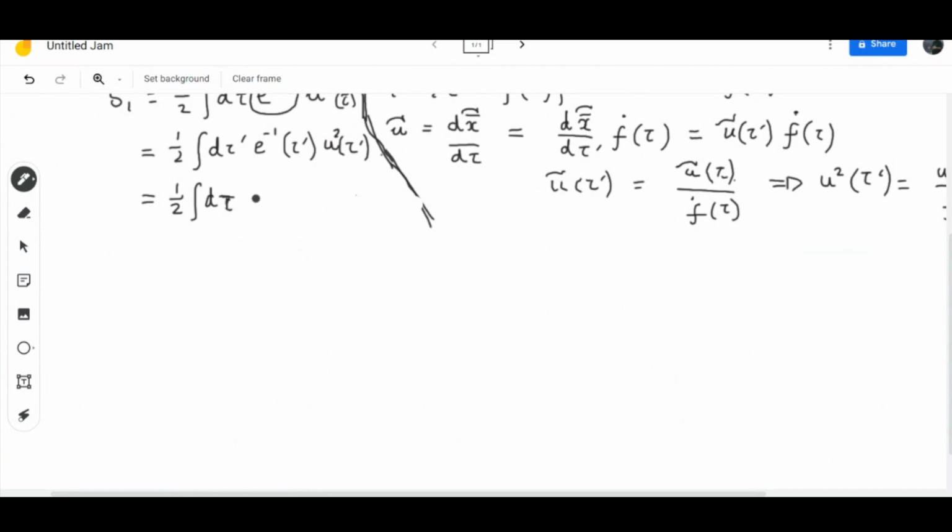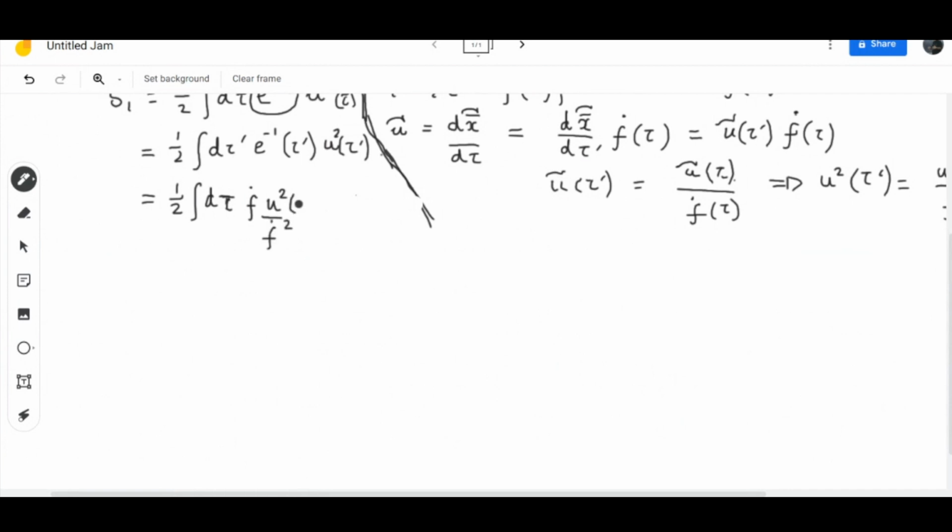Right. So here what we have is d tau. From here we get f dot. I'm not writing tau because f is always a function of tau. From U squared, we get a U squared by f dot squared.